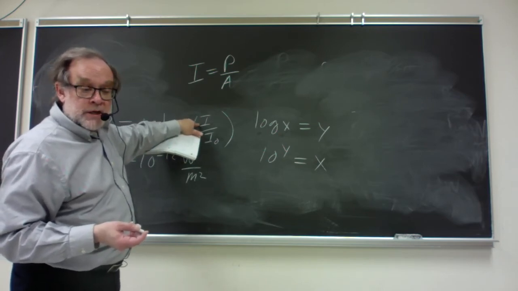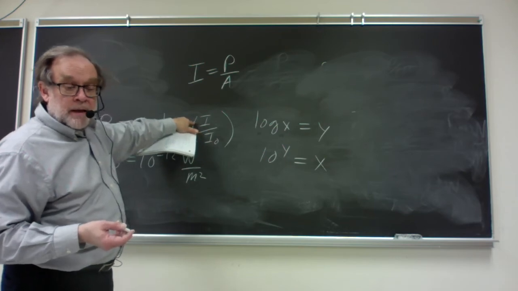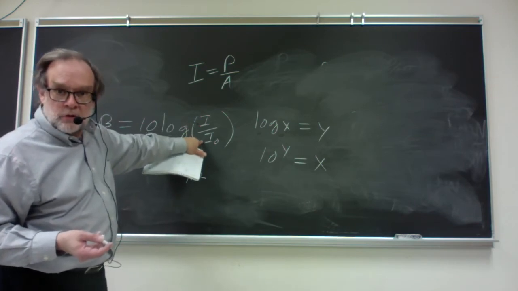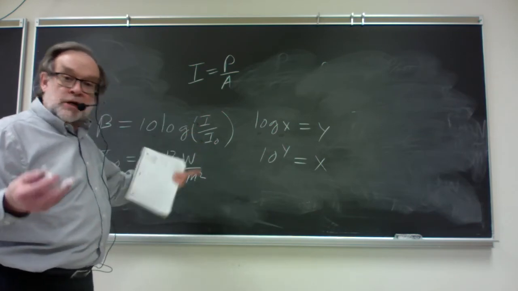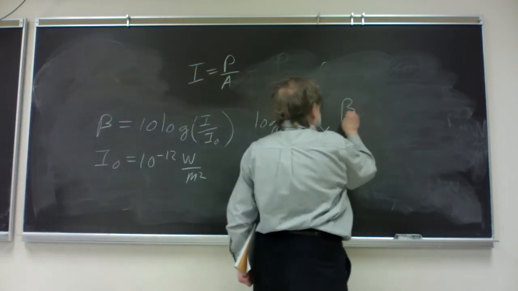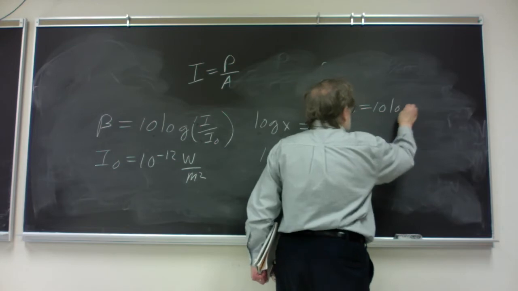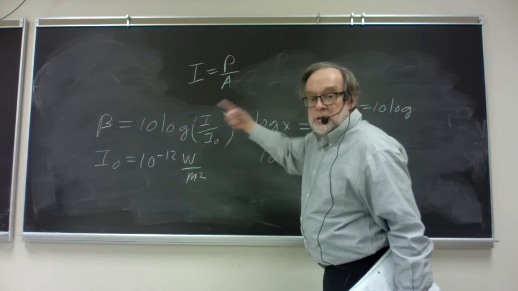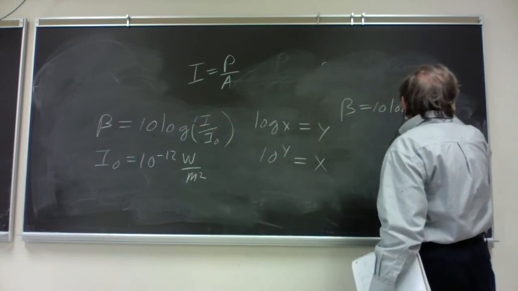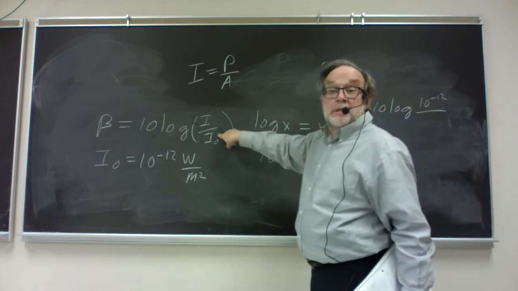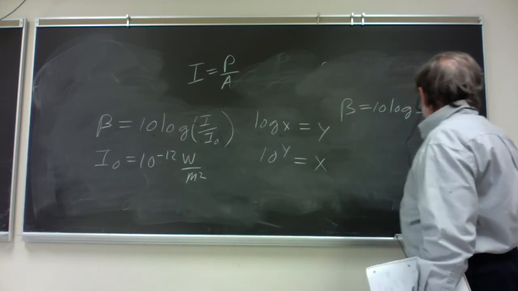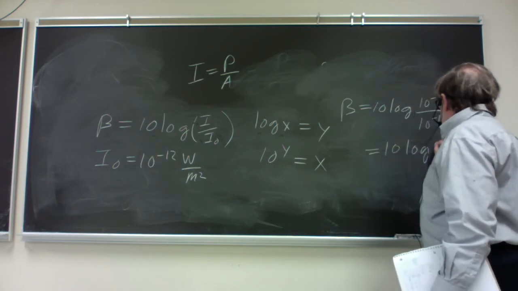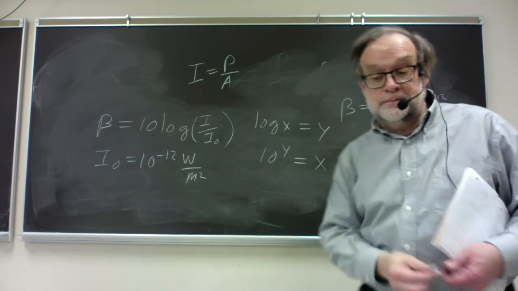That is, if the sound wave that we're actually thinking about has an intensity equal to the quietest audible sound, 10 to the minus 12th, which is the value of I0, how many decibels does that correspond to? 10 log of the intensity of the wave, which is just 10 to the minus 12, divided by the reference intensity, which is also 10 to the minus 12. So what we have is 10 log of 1.